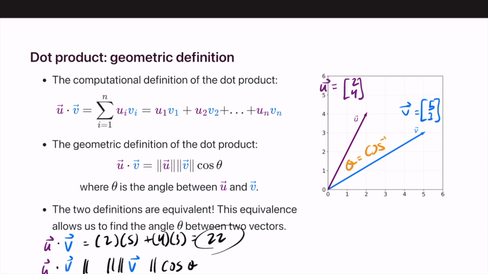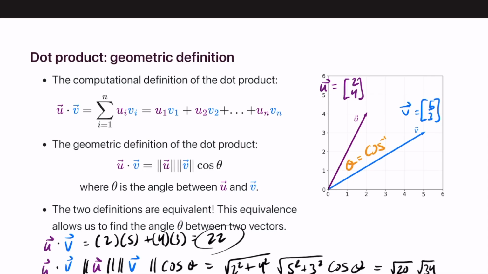That's going to give us the square root of 2 squared plus 4 squared, and the square root of 5 squared plus 3 squared, times cosine theta. 2 squared plus 4 squared is 20, and 5 squared plus 3 squared is 34, times cosine theta.